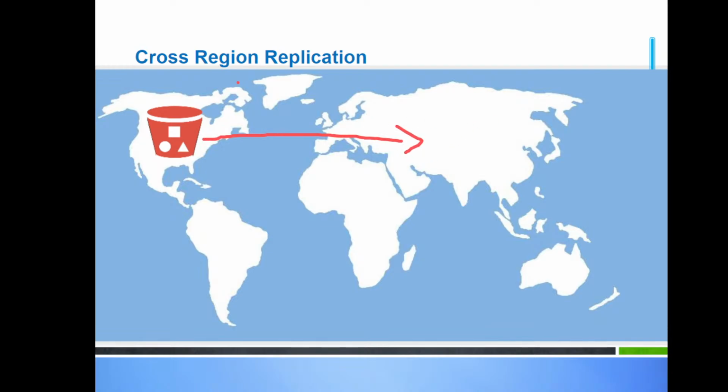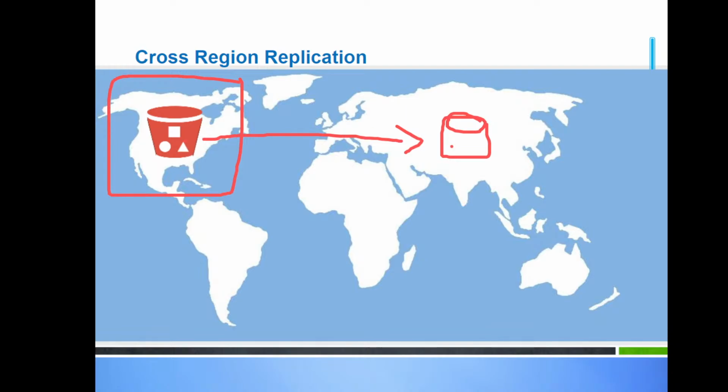Let's say in the US they have created one bucket, and they don't want only a single bucket, they want a backup of this bucket. Let's say they want the backup to be available in this region. So whatever data you are uploading here, you need to create a backup of the data, and that backup will be stored in another bucket.